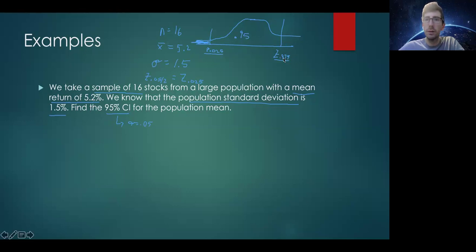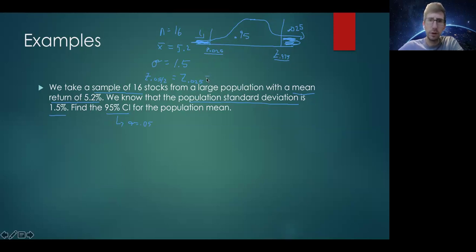If this is 0.975, that means there is 0.025 above, and this is 0.025 also below. 0.025 plus 0.025 is 0.05, so there's 0.05 area under the curve outside of our interval.